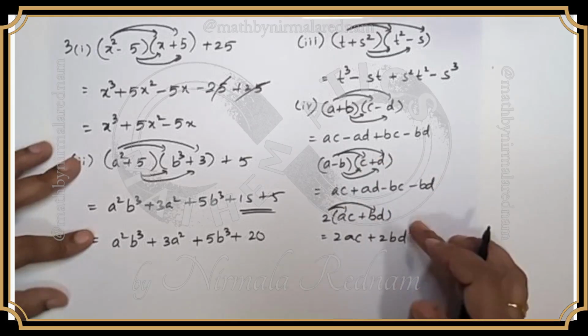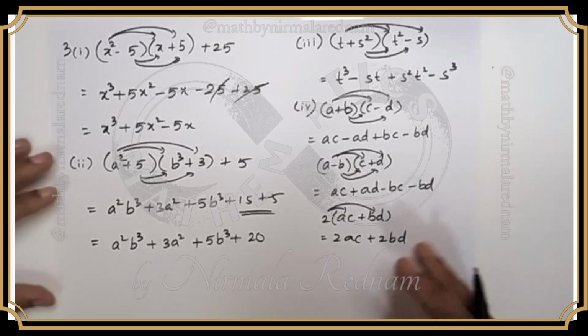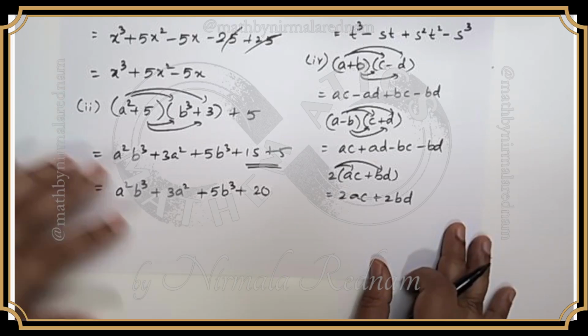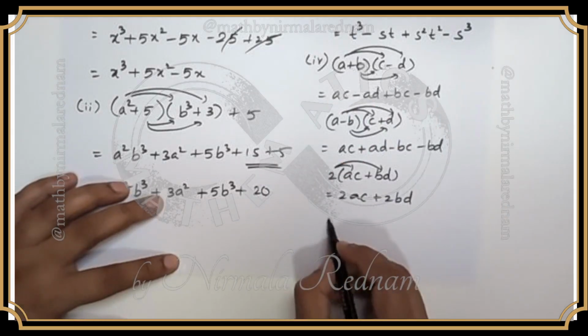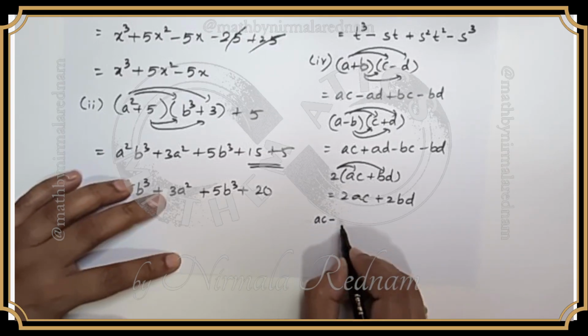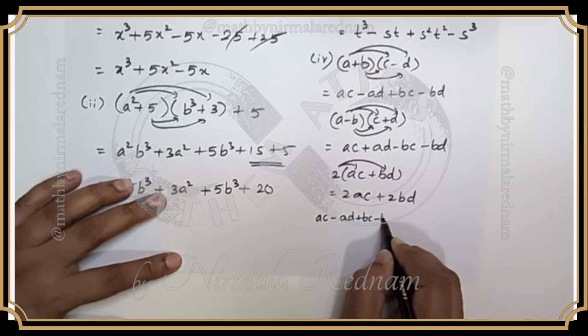Either you identify all the like terms and simplify it, or you can use the first method that we learned, which is writing one expression below the other to simplify it. Let me try to do it in that manner. So the first one is AC minus AD plus BC minus BD.